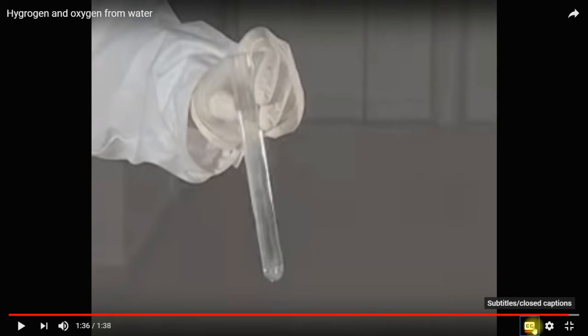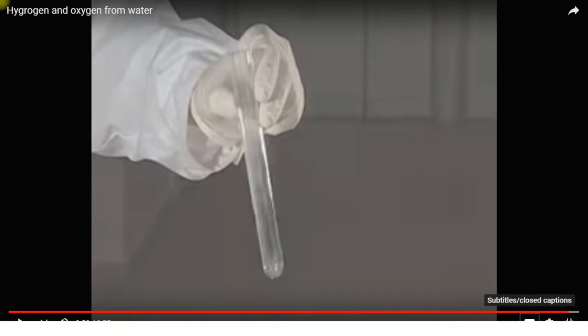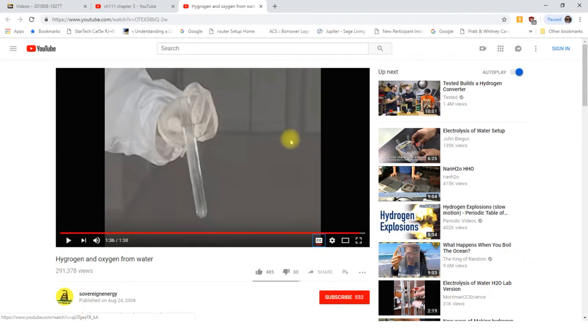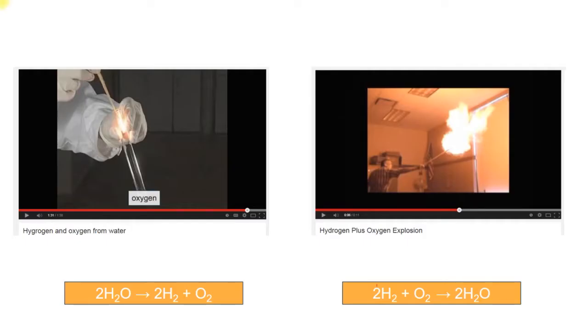Okay, so what we just saw there was, if you run electric current through plain old water, then you can get hydrogen and oxygen. And we can tell that it's hydrogen and oxygen in two different ways. One way is simply that you get twice as much volume on one side than you do on the other. So this side with twice as much is hydrogen.